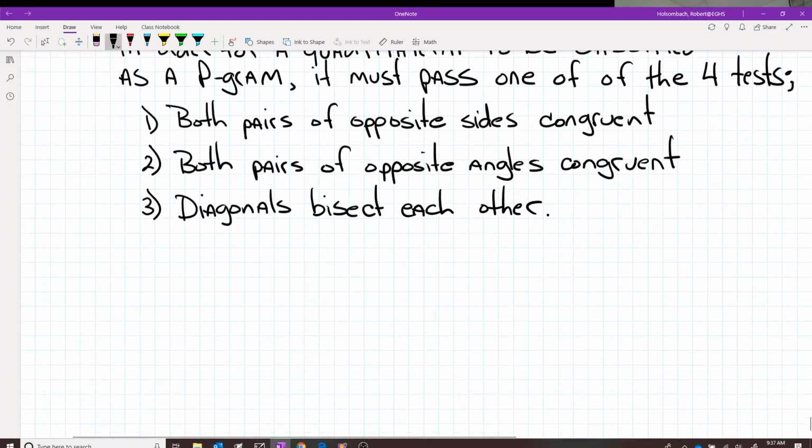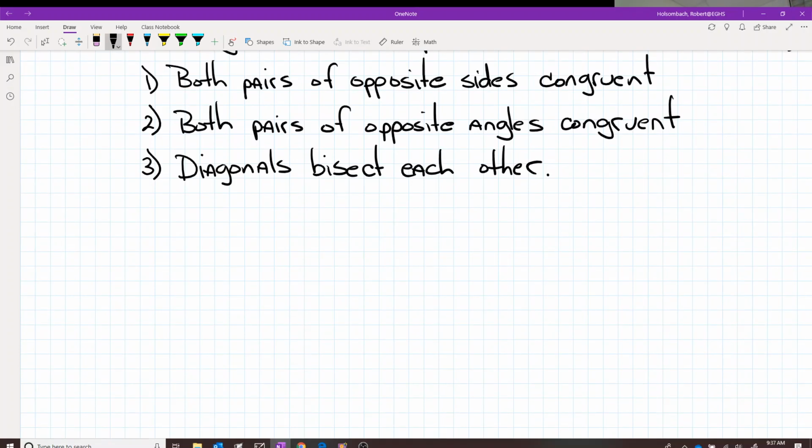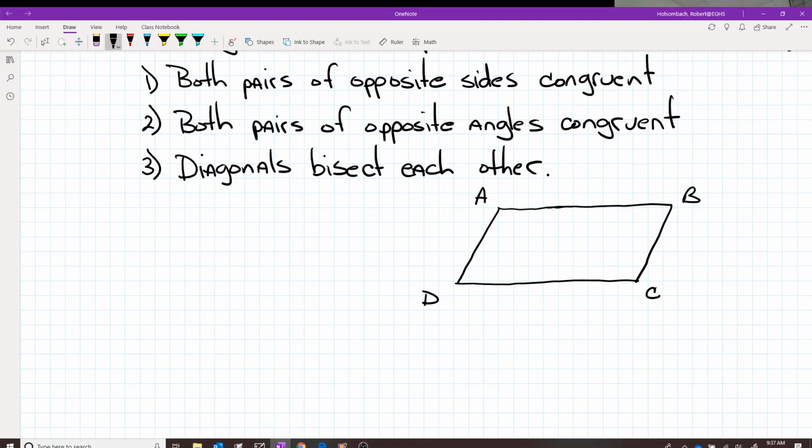Diagonals bisect each other. Let's draw a picture of that to make sure you're real clear on it. So just put a quadrilateral on your paper. Label it ABCD. Then connect D to B and connect A to C. D to B is a diagonal, and let's make point E right in the middle.